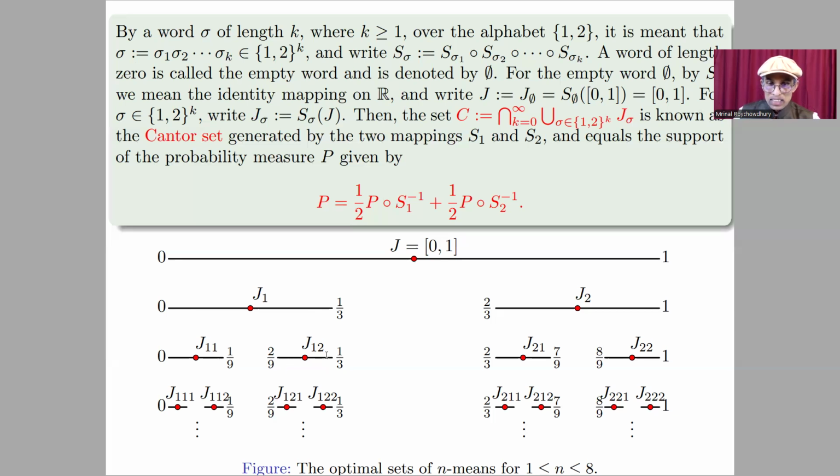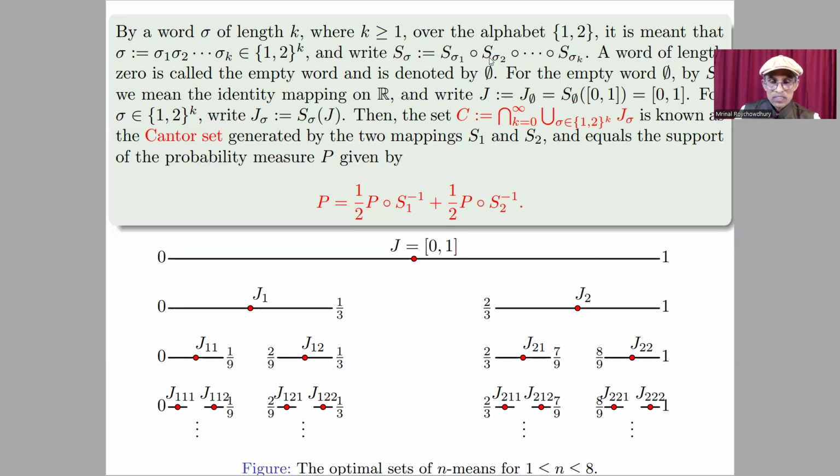J12 means you have to apply the composition mapping S12, that is S sigma, on the whole interval [0, 1]. Similarly, to get this interval J21, see from J2 you get 21, 22. You have to apply the mapping S21 on the interval [0, 1].